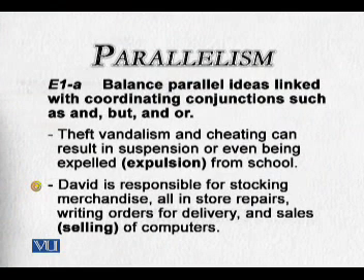David is responsible for stocking merchandise, all in-store repairs, writing orders for delivery, and sales of computers. If you see, all the verbs are in ing form, except the last one. And the last one was, and sales of computers, like a noun thing. Why not selling here also?